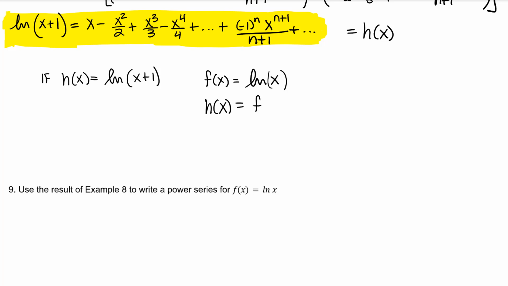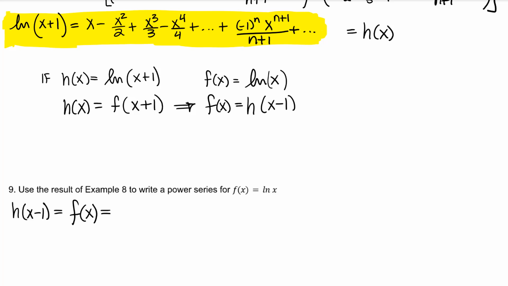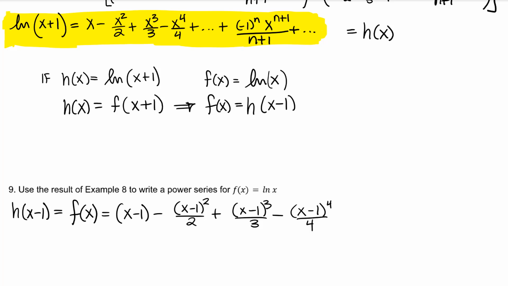H of x takes f of x and is adding 1 to each of the inputs, which means to get f of x, we need to subtract 1 from each of the inputs in h, and then we will just substitute an x minus 1 every time you see an x in the previous series. Here is our new series for ln x.